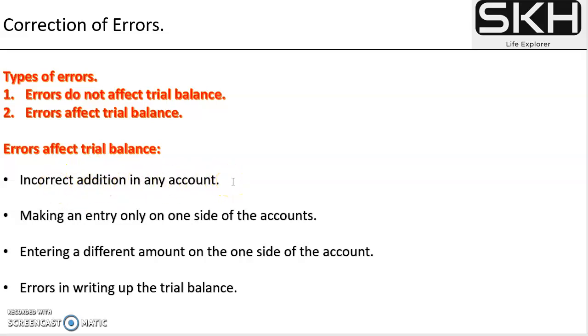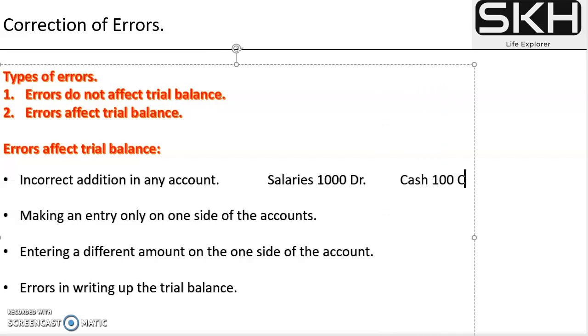It means that if we have made a mistake, such as we have recorded one account in an entry correctly but the other account we have recorded wrong. For example, we paid salaries of 1000. Instead of recording salaries 1000 and cash 1000, what have we done? We have recorded salaries as 1000 debit, but cash we have recorded 100 as credit.